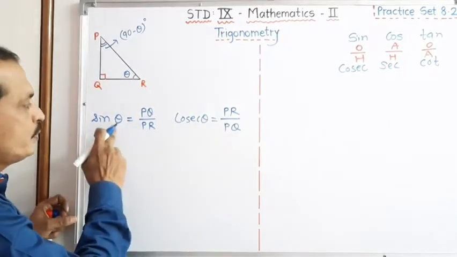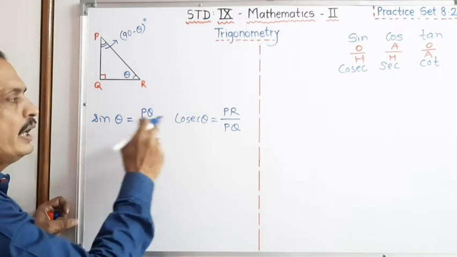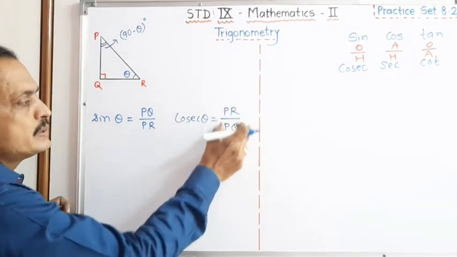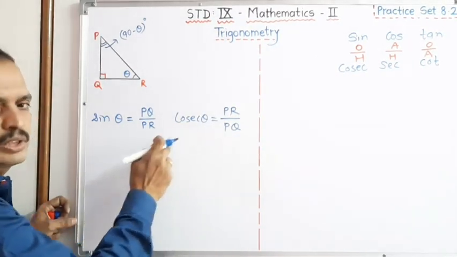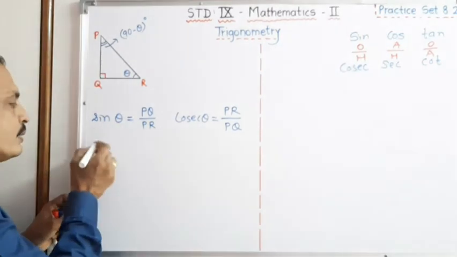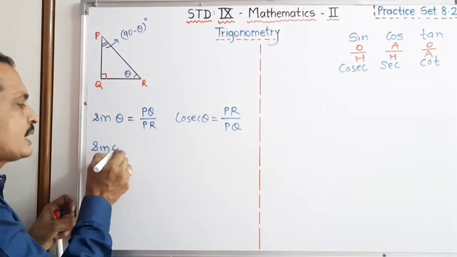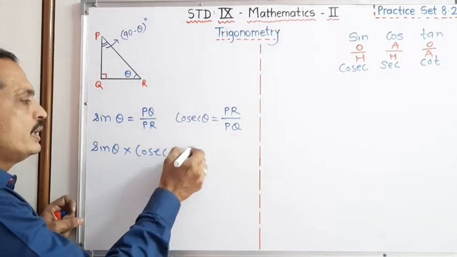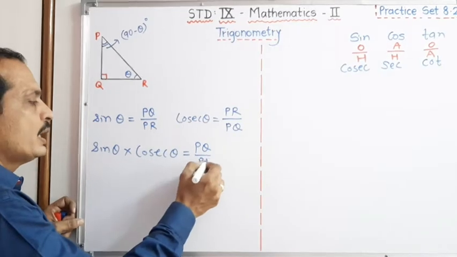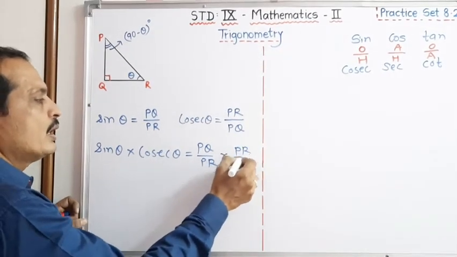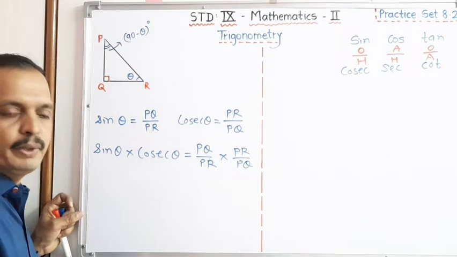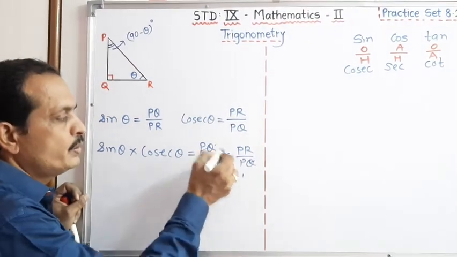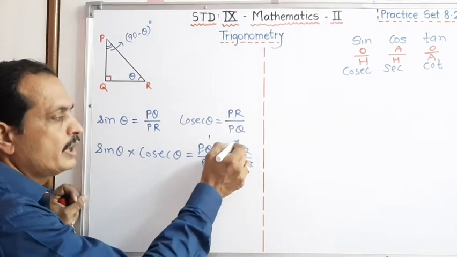Now dear student, if you observe sine theta and cosec theta, sine theta we got PQ upon PR and cosec theta is PR upon PQ. They are inverse of each other. Got it? Therefore, if we write sine theta into cosec theta, then we will write PQ upon PR into PR upon PQ. Now simplify: PQ and PQ cancel, PR and PR cancel, we get 1.